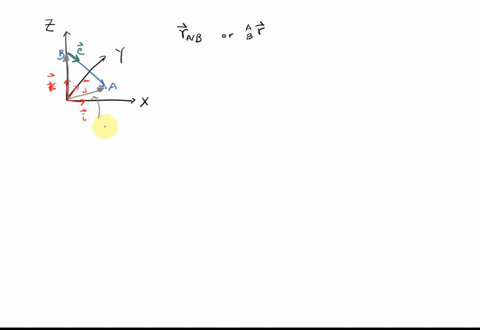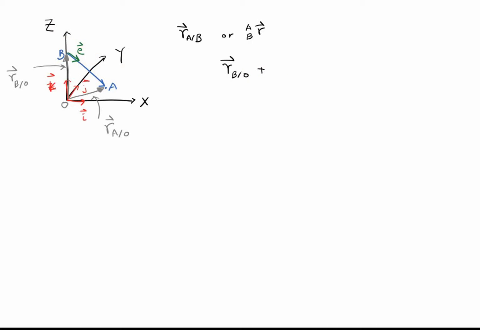I call this one the vector pointing toward A from O, because this is our origin. And this vector I can call B from O, okay?